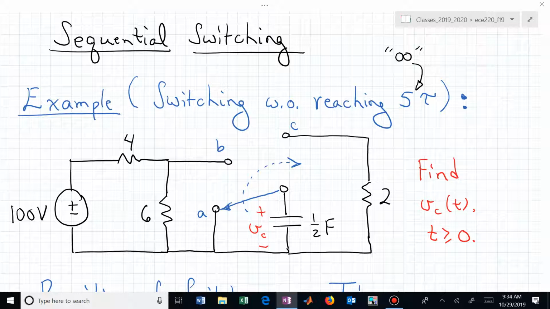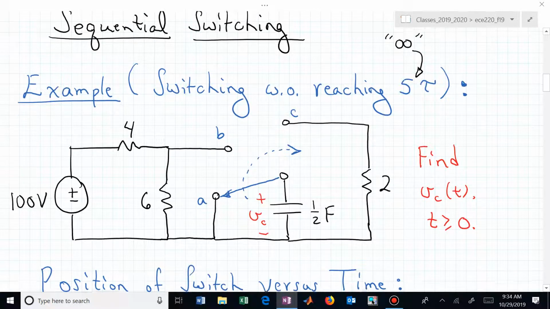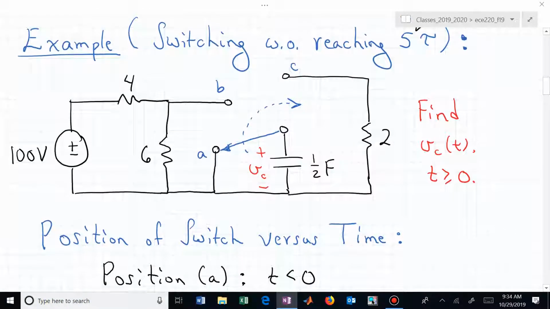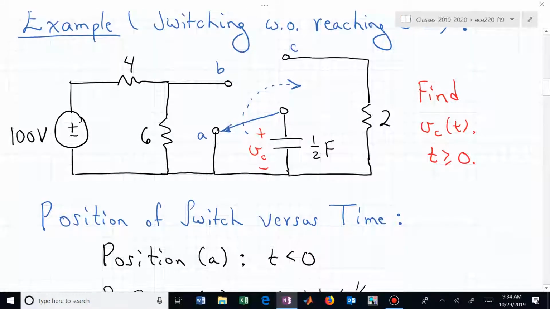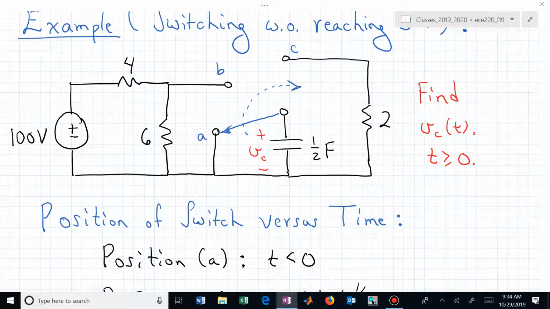Here, I've created this circuit to have 3 different switch positions, and we want to find the voltage across that 1/2 farad capacitor. The switches are, we're going to just do a sequence. We'll be in position A for time less than 0.